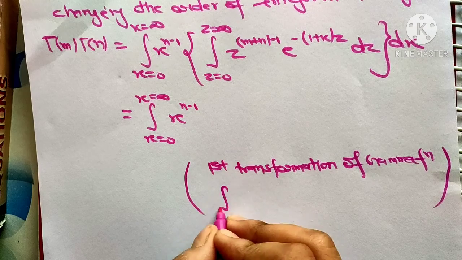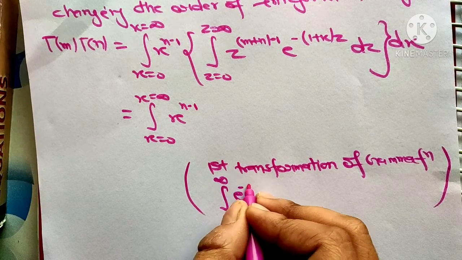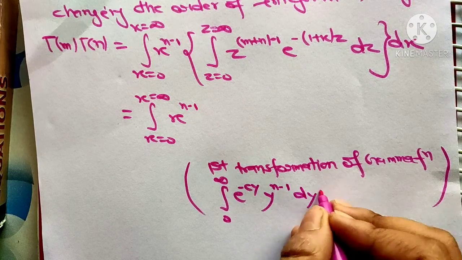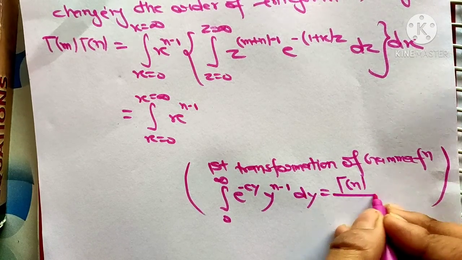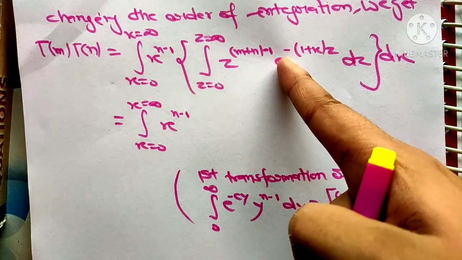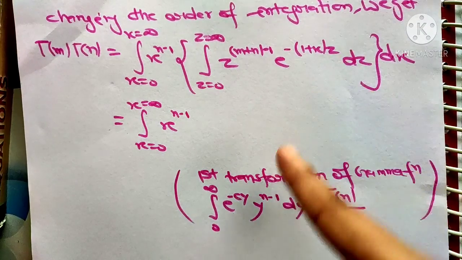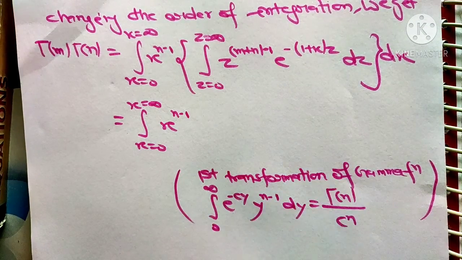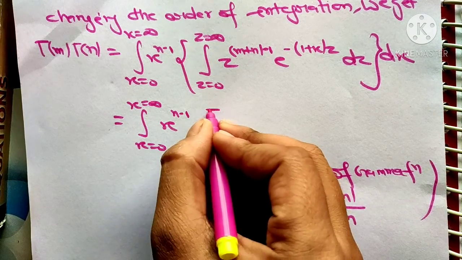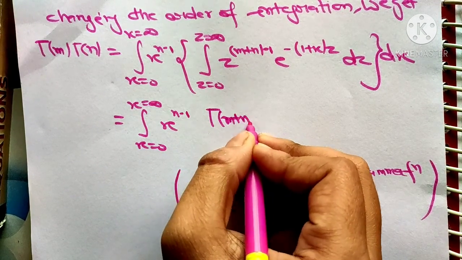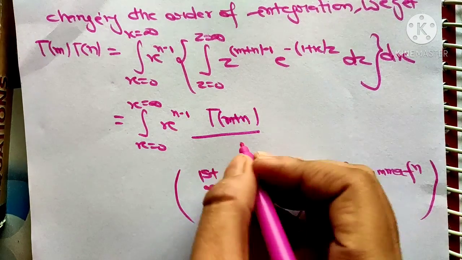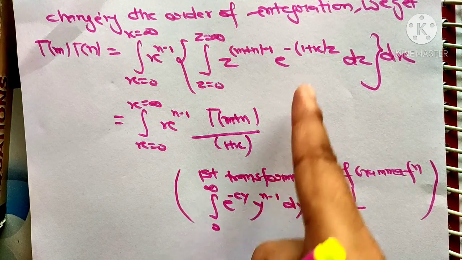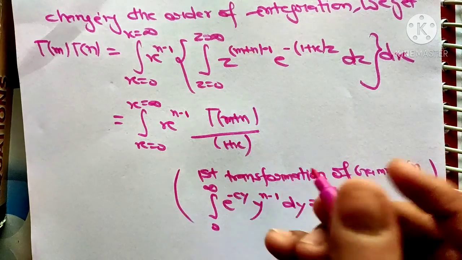As you know, the first transformation of gamma function is integral 0 to infinity e to the power minus cy, y to the power n minus 1 dy is equals to gamma n upon c to the power n. Here, e to the power minus (1 plus x) z, z to the power m plus n minus 1, so we can write gamma of m plus n. In the place of c there is 1 plus x, and the power is m plus n.